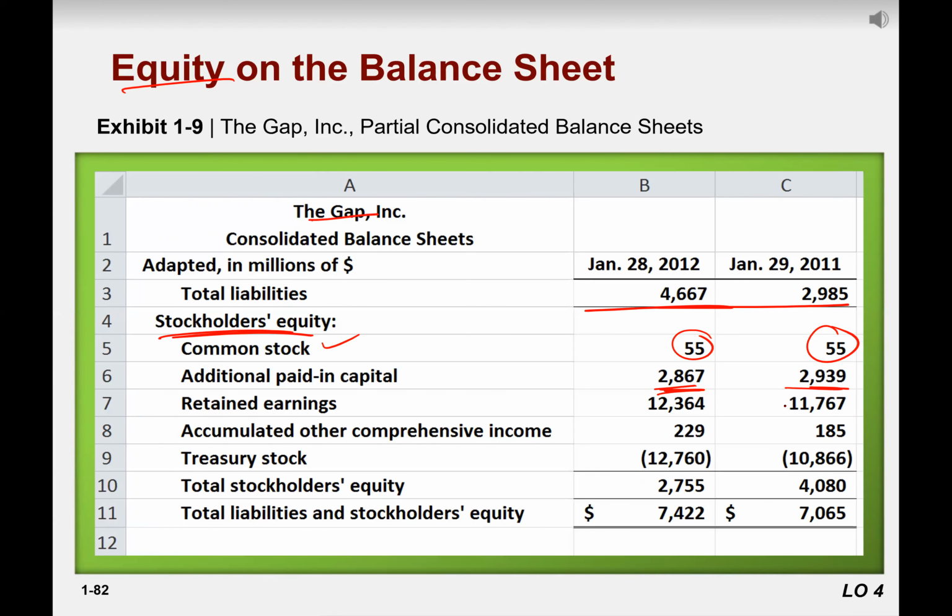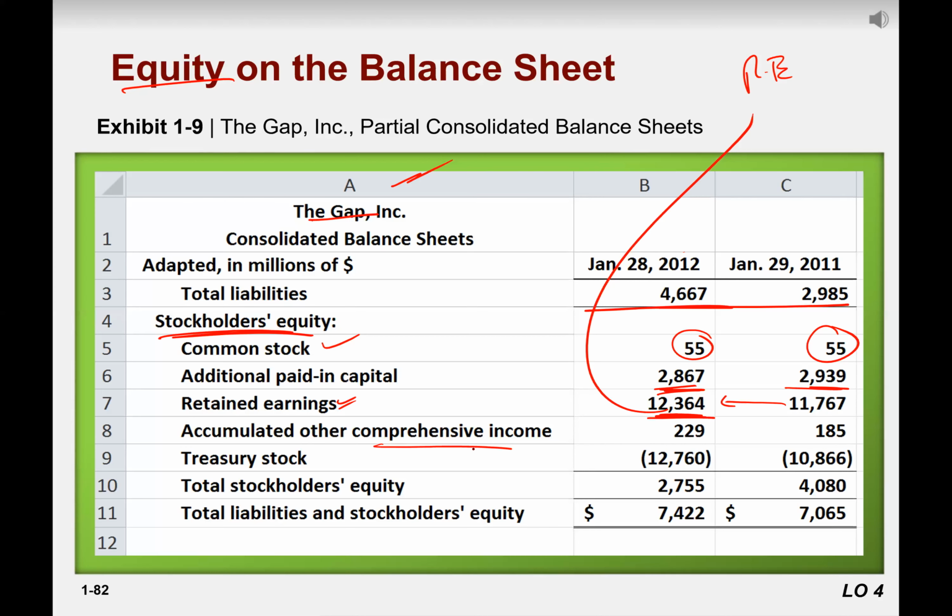Retained earnings, it increased. Why increased? Because we have profit in 2012, and that profit is included in retained earnings, right? And where did this retained earnings amount come from? It's from the retained earnings statement of Gap Incorporation. In the previous slide, we talked about this.